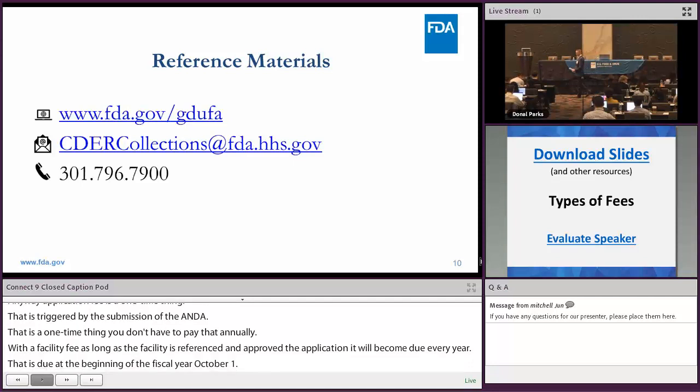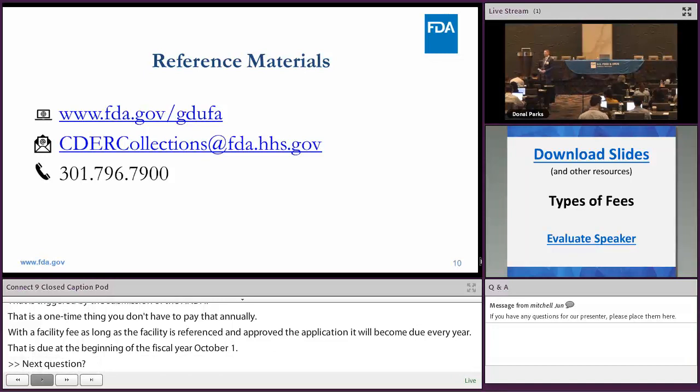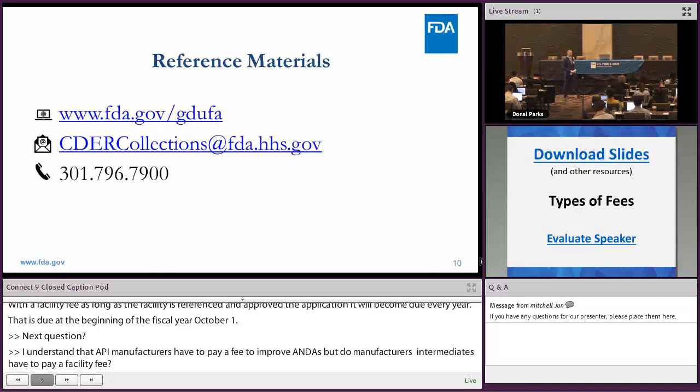The question says, I understand that API manufacturers have to pay a fee for approved ANDAs, but do manufacturers of API intermediates have to pay a facility fee? So here's where my lack of scientific knowledge comes to be very visible.